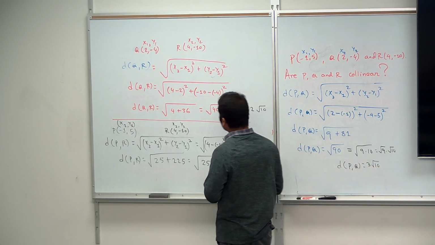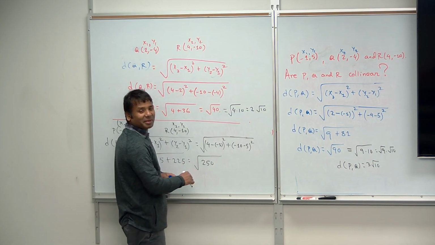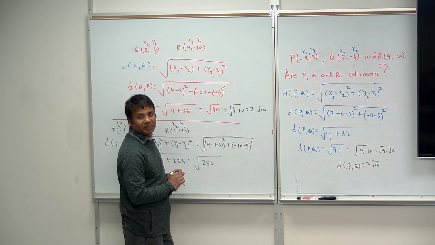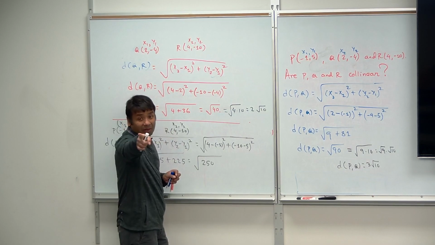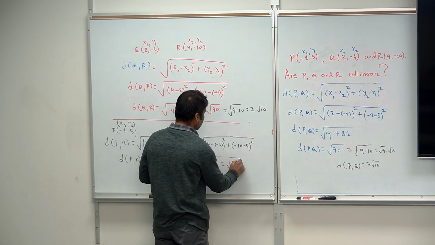So let's do pretty much a similar thing here, okay? Can you simplify it further? Yes, 25 times 10. Excellent. So this is 25 times 10, okay?